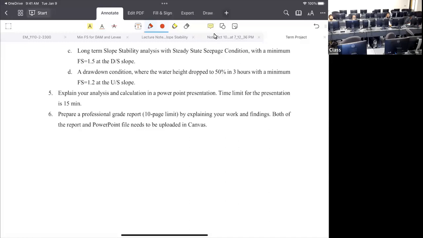Your write-up and justification has to be within those 10 pages, but the figures and other things like hand calculations you need to add in the appendix. So that's the project.